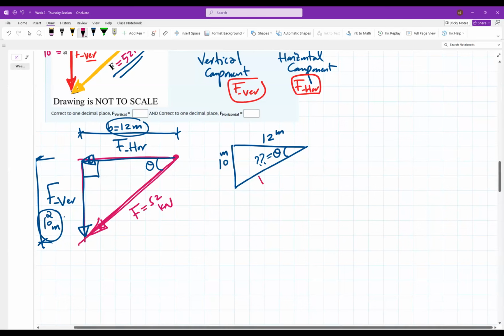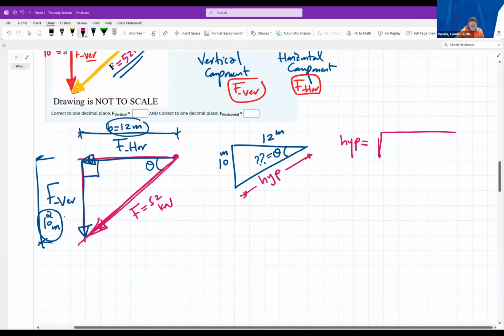Yes. How? The hypotenuse will equal the square root of a squared plus b squared. Yes, so from Pythagoras theorem, we have the hypotenuse equal to A squared plus B squared under the square root.